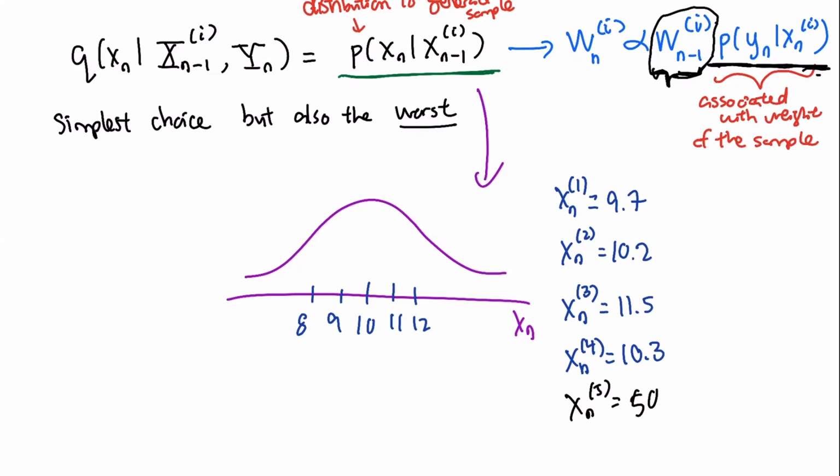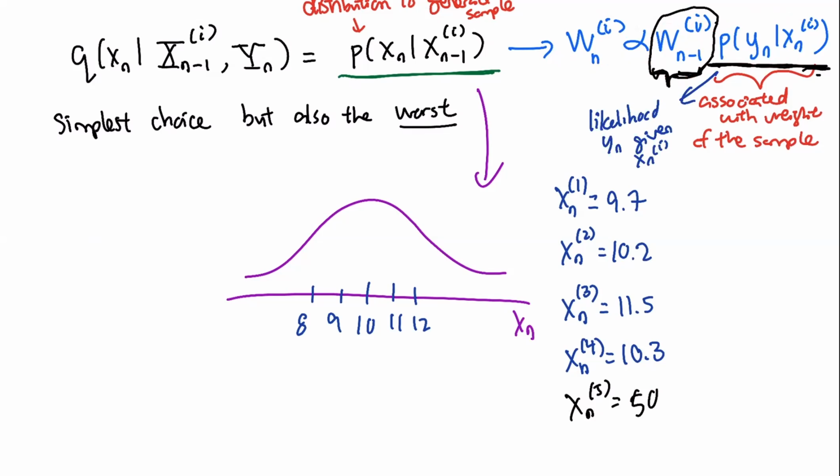Conditional probability of y given xn. The likelihood, right? So the likelihood of observing yn given xn. So this is the likelihood. So if this number is small, then it will make the current weight small, right? Yes. Okay, good. So I'll take it.